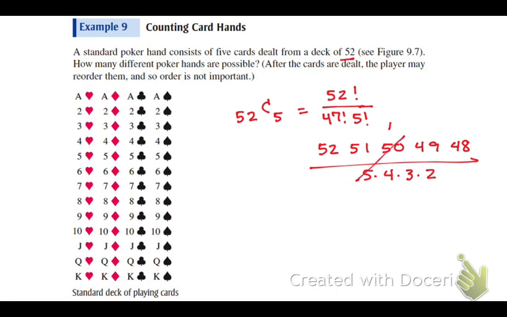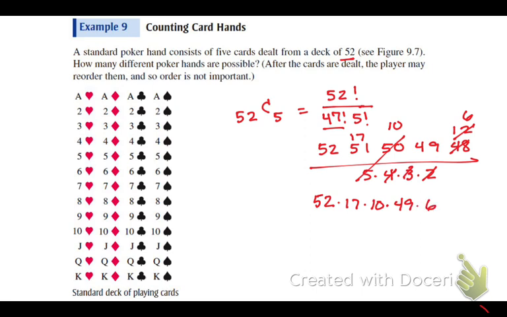That gives me 10 and 12, because the 47 factorial reduced it all. 3 goes into 51, 17 times. And 2 goes into 12, 6 times. So I have 52 times 17 times 10 times 49 times 6.